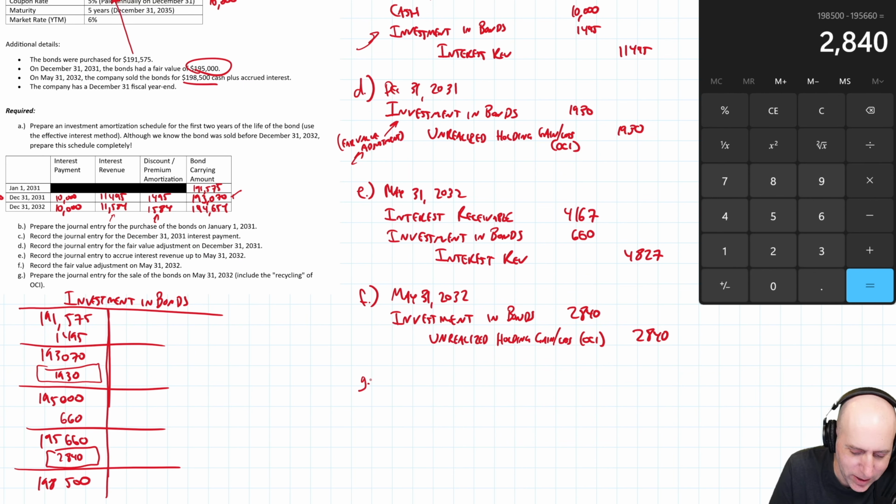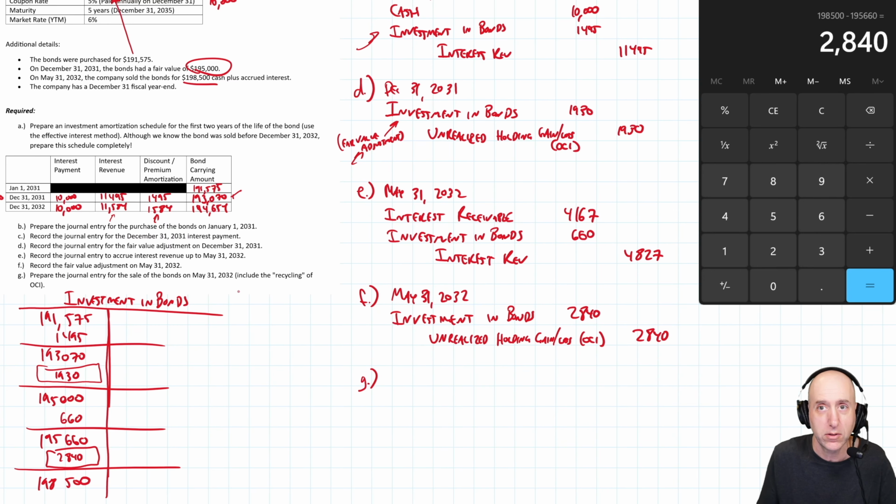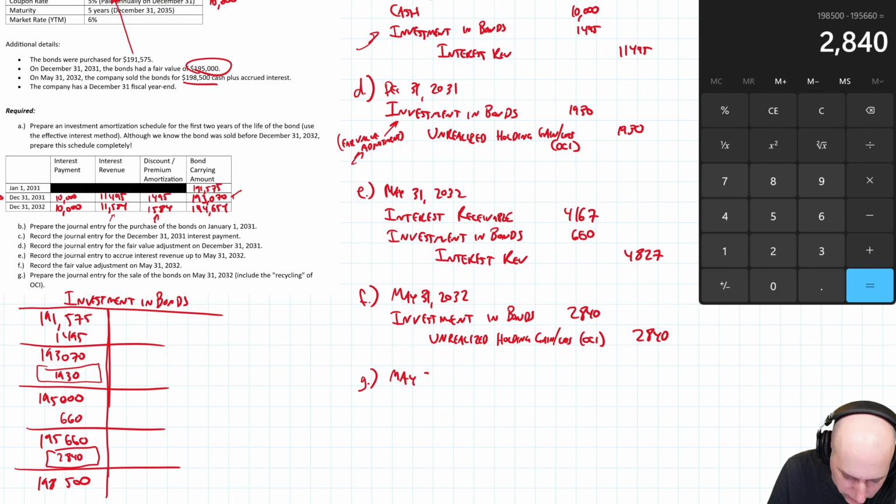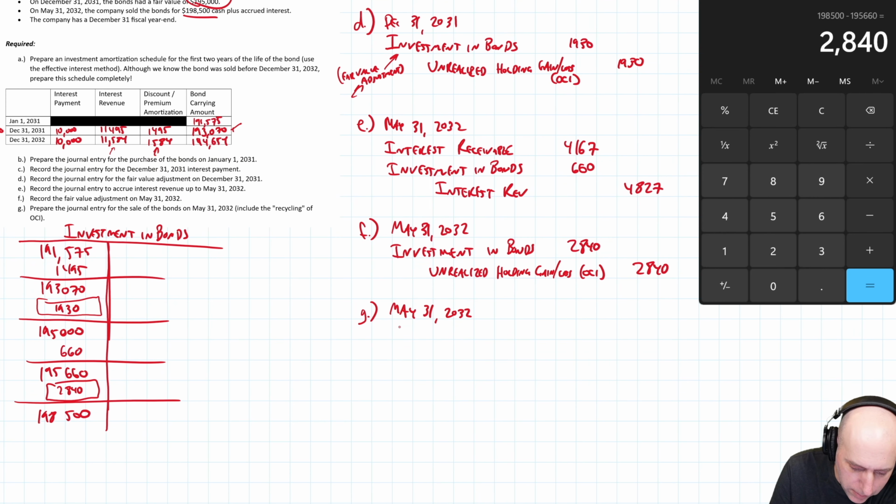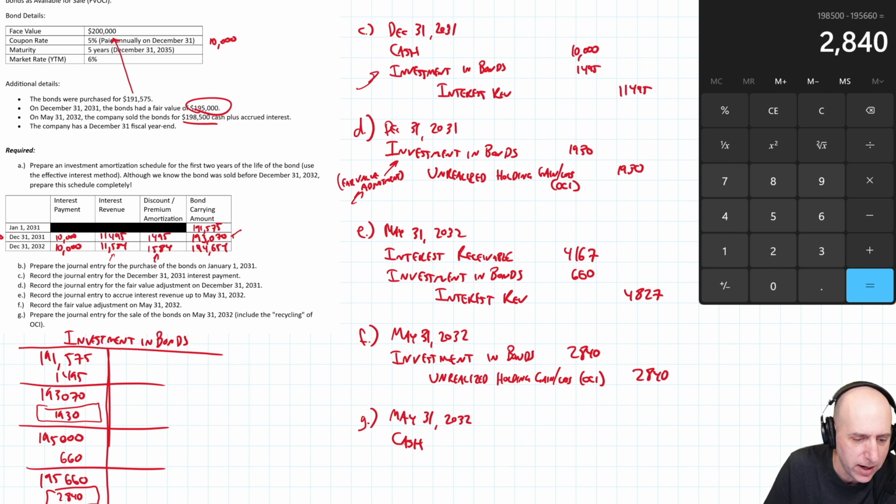Okay, on to G. G is sort of a two-step one. They're both pretty straightforward steps. It says prepare the journal entry for the sale of the bonds, include the recycling of OCI. Recycling of OCI I can do as a separate step here. But let's do the sale of the bonds. May 31st, 2032. I'm going to debit cash. Now, how much cash did I receive when I sold the bond?